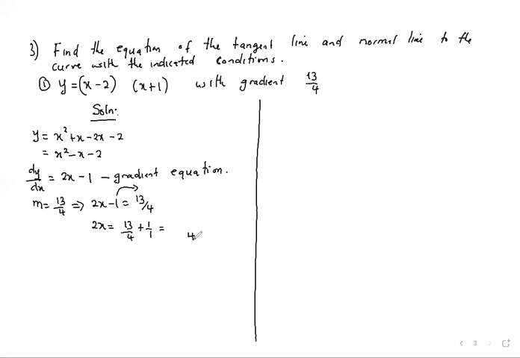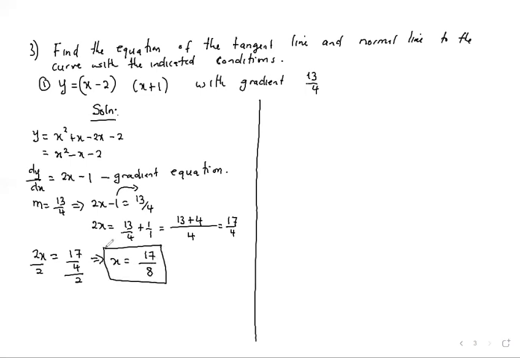So that if we put 4 down, then we get 13 plus 4, which is equal to 17 over 4. And then divide by 2. So now what we have is 2x is equal to 17 over 4, implying that if we divide by 2, we get x as 17 over 8.